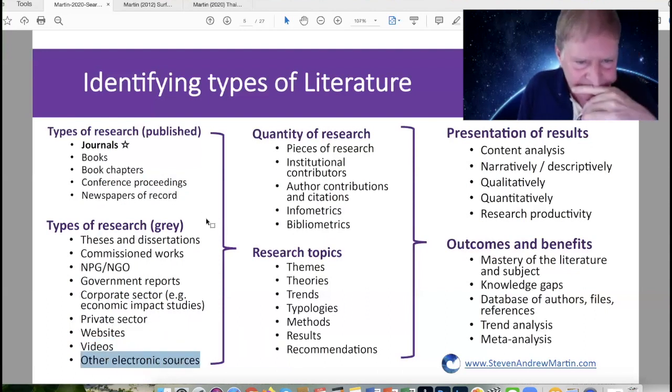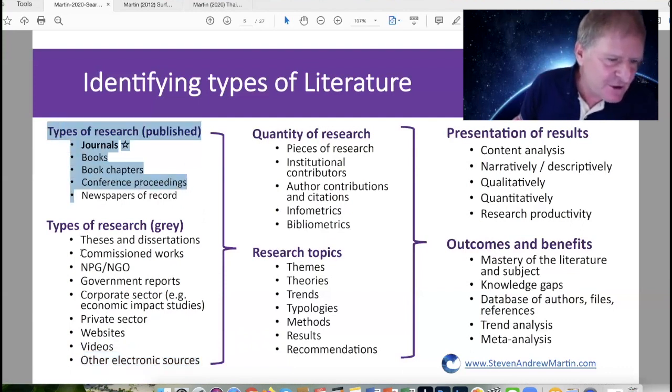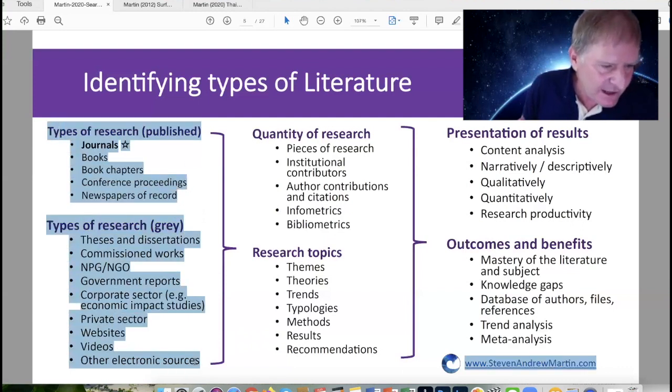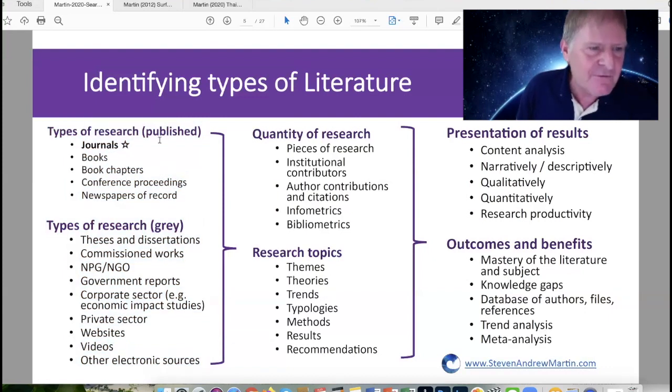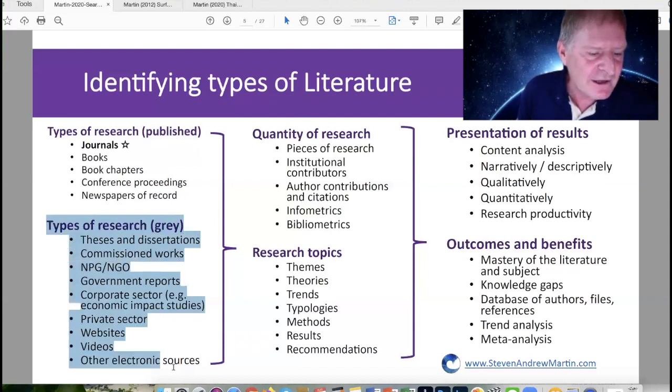So basically, if we take this first row here, and if we're doing a systematic review, first we have to clearly define, are we only using published research? Or are we going to include gray literature in our work? That's a decision we have to make, right? Both or either or not.